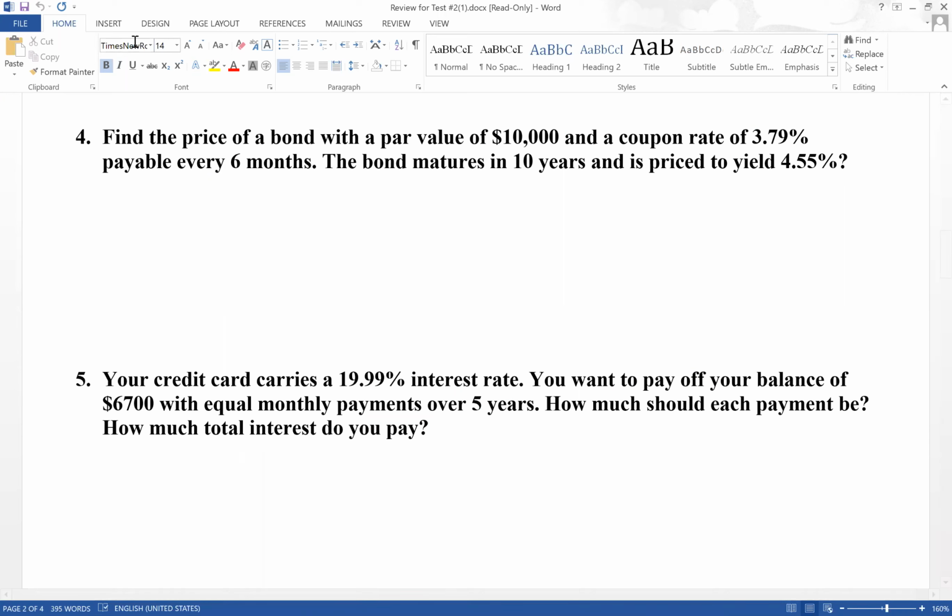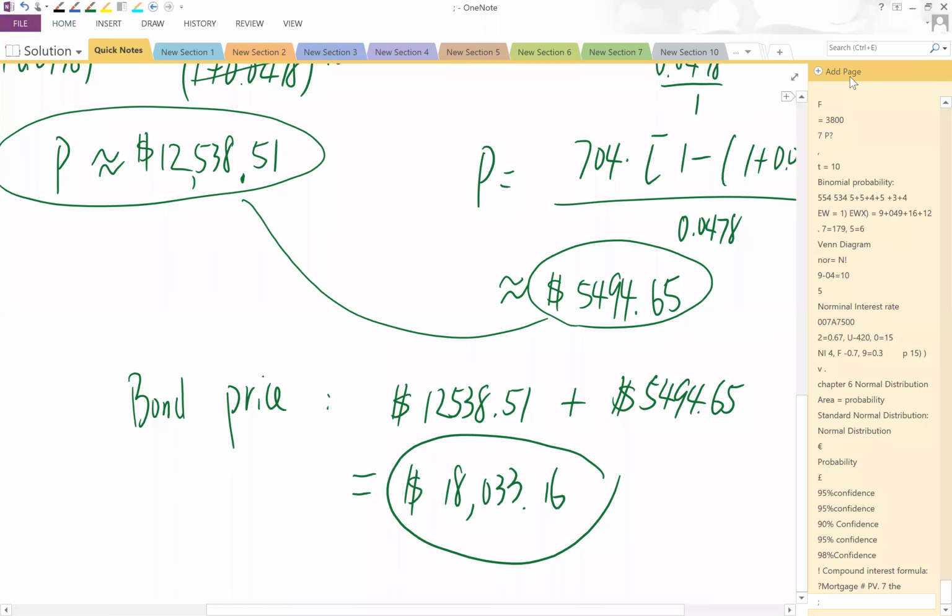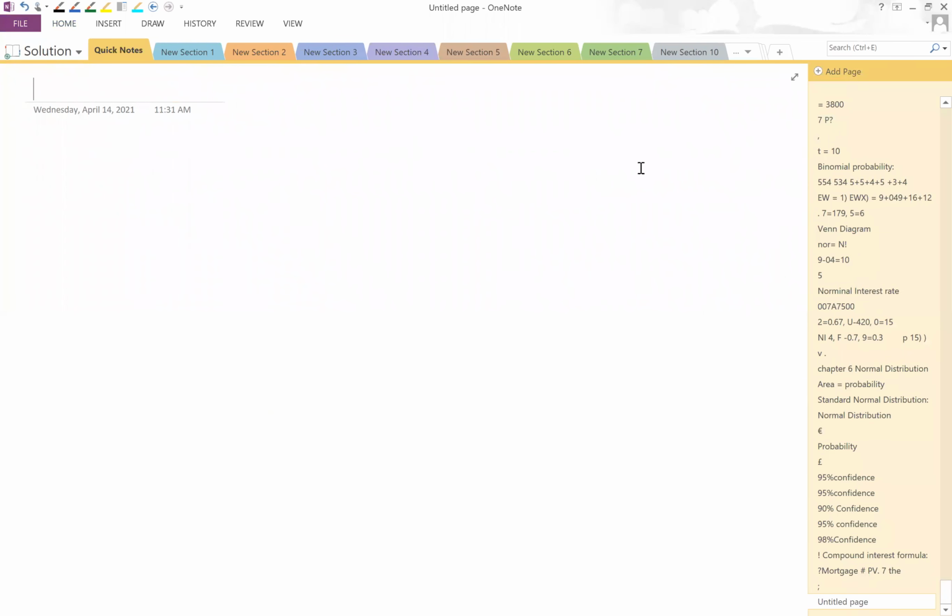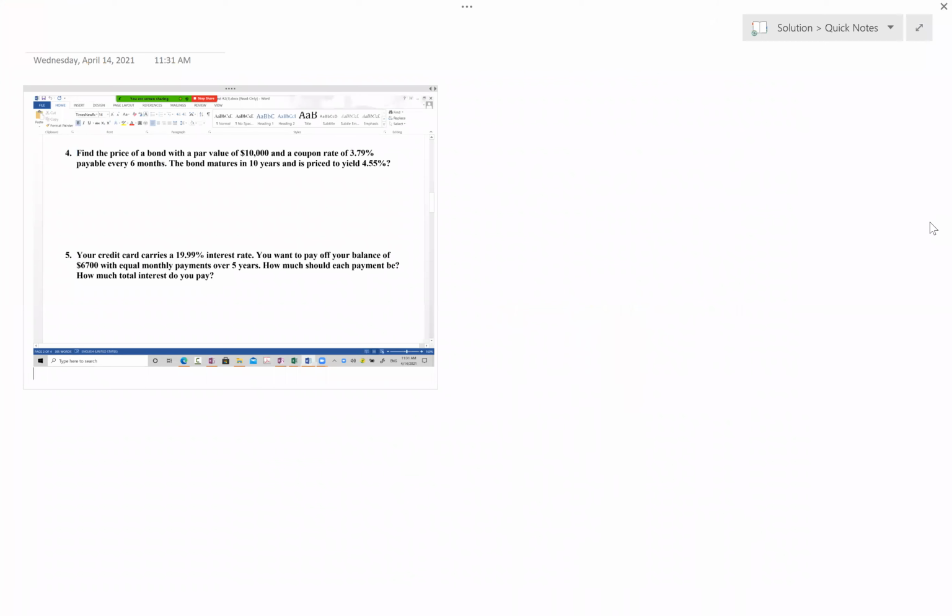So let's look at how we tackle this. Very similar procedure, but with a slightly more complicated scenario. Again, we're going to discount two things. The first thing we do is the discount of the par value.